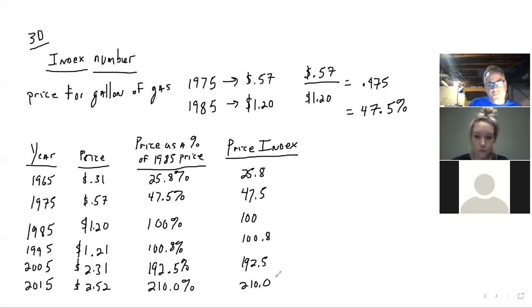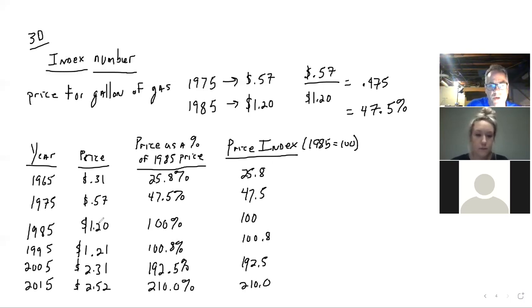Now, on the price index, you'll see this. Whenever you're looking at index numbers, I'm going to write 1985 equals 100. When you see that, it tells you what price you based all of your index numbers on.